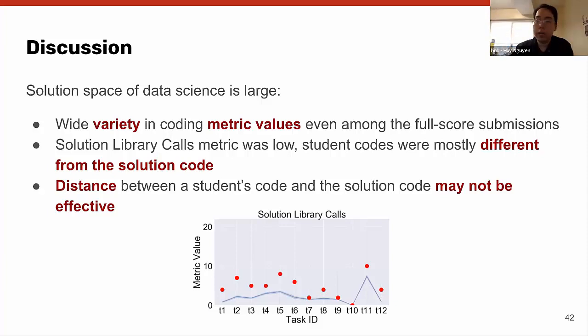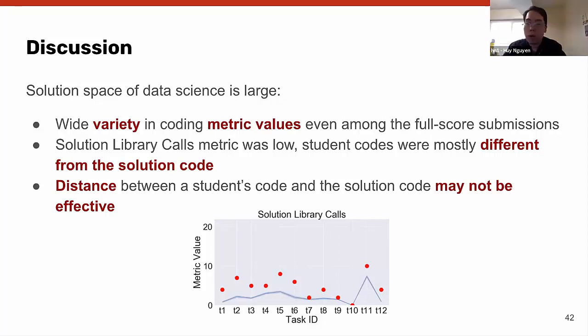For example, we saw earlier that the distribution of solution library codes remains low throughout the task, indicating that even when project one was intended to teach students about data science libraries, the codes that they chose for their implementation were largely different from what the instructors had anticipated.